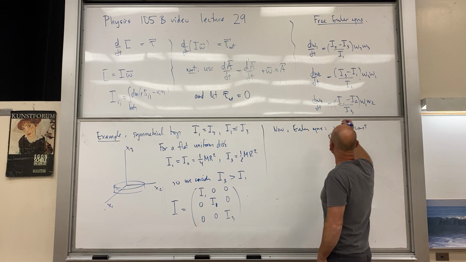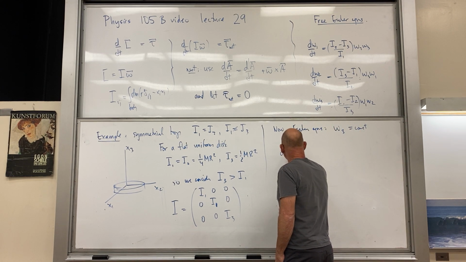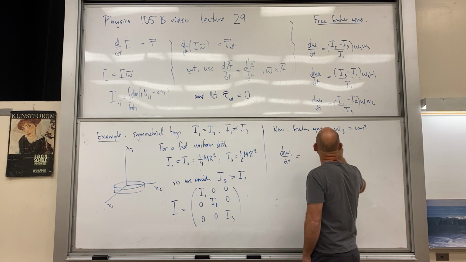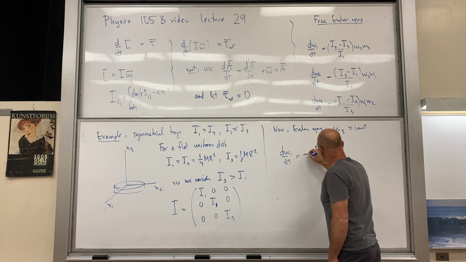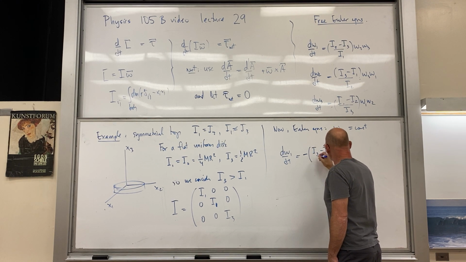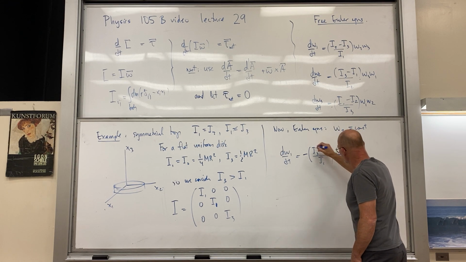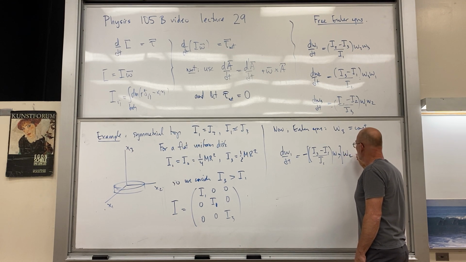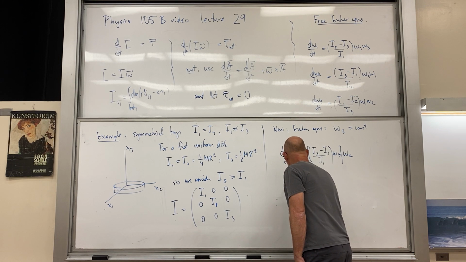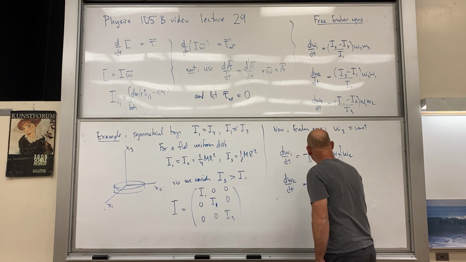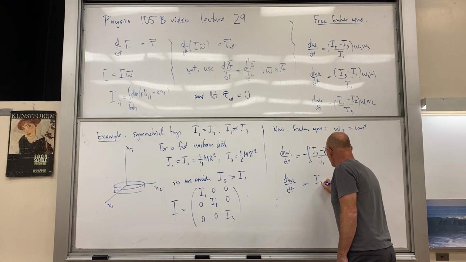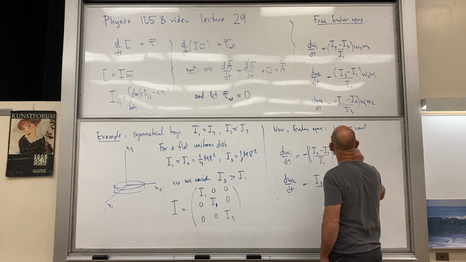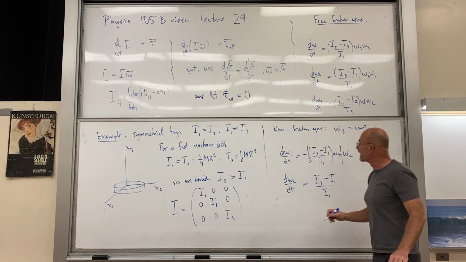I'll do it in 2 steps. So now we have d omega 1 dt equals, so I'm going to go ahead and pull a minus sign out, I3 minus I1 over I1 omega 3 omega 2, and d omega 2 dt equals I3 minus I1 over I2, but again I2 is equal to I1.